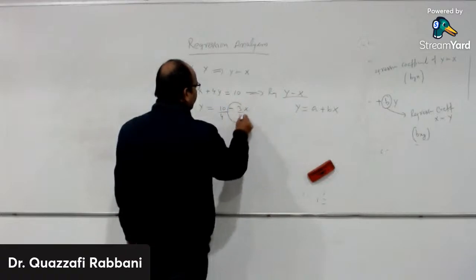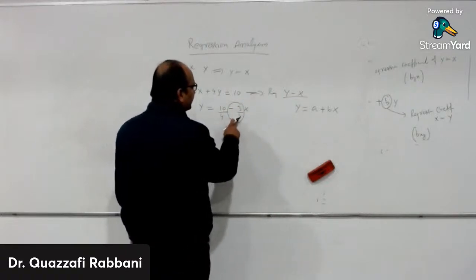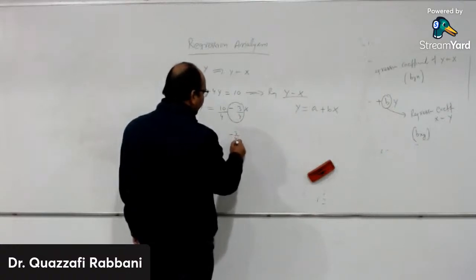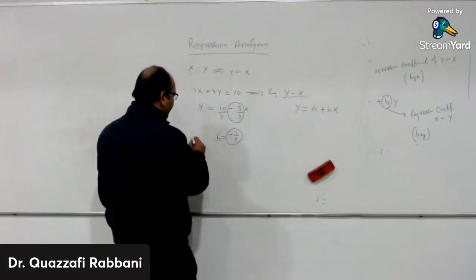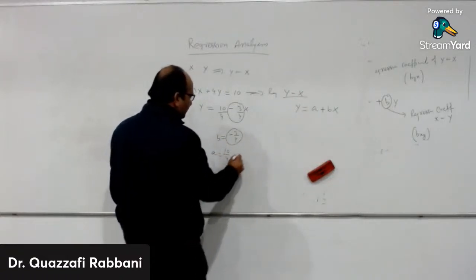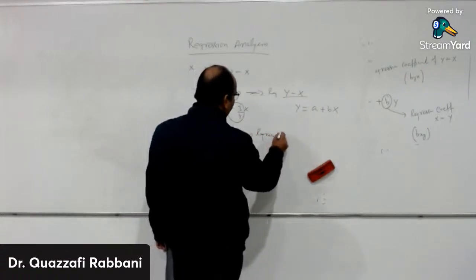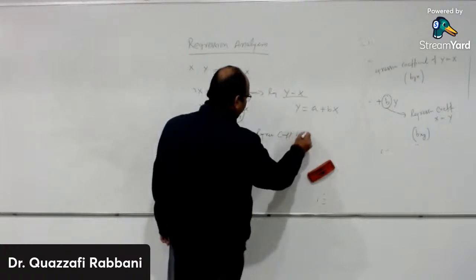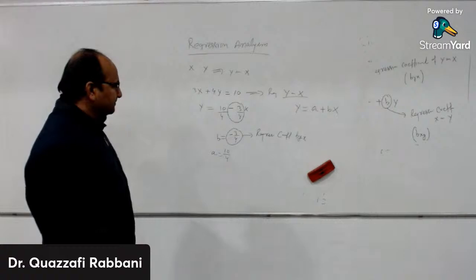So here y is equal to a plus bx, where minus 3 by 4 is b, and a is equal to 10 by 4. So this is the regression coefficient b of y on x. The regression coefficient is minus 3 by 4.